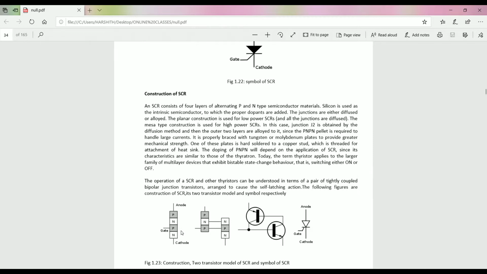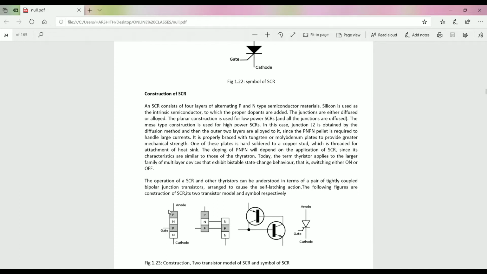The outer P layer is called the anode, while the outer N layer is called the cathode. Middle P layer is called the gate. This is the gate terminal. The three terminals are taken out respectively from these 3 layers.